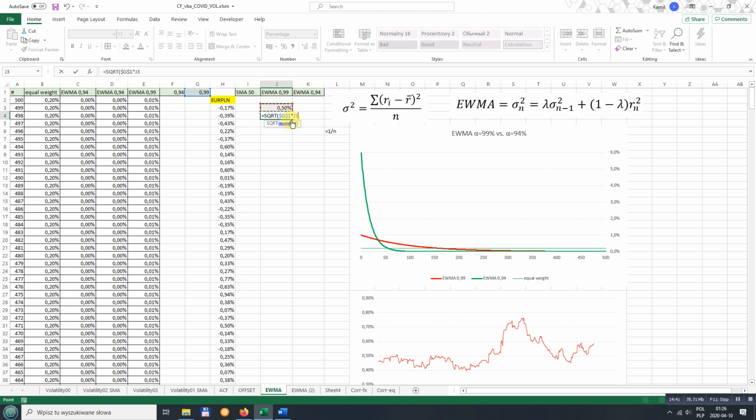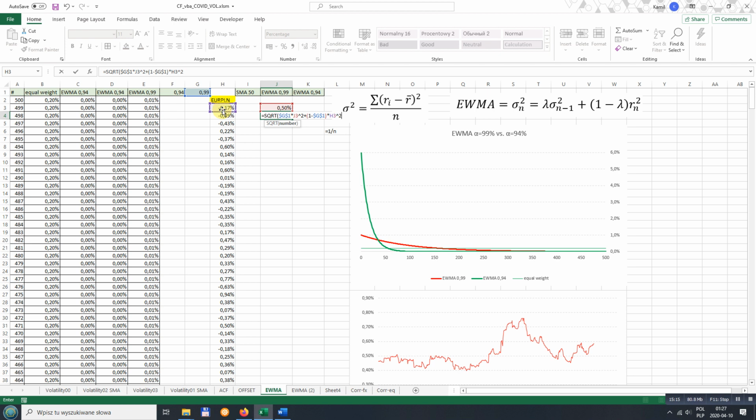So I'm using the most recent observation plus, and now 1 minus lambda, so 1 minus this value, times the most recent rate of return raised to the second power, which is actually like volatility for a day, with the assumption that the mean is sufficiently close to 0, right? And then you just need to close the bracket, and that's it, right?